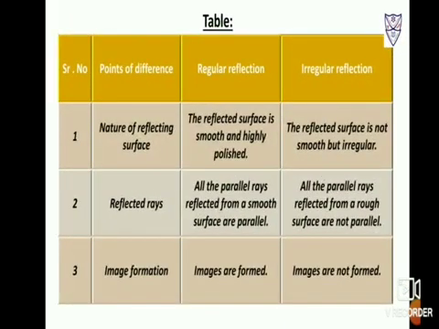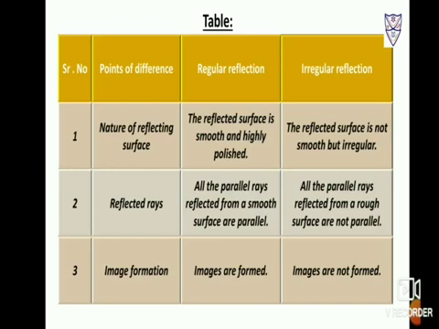Now students, let us understand this through this table. First is the nature of the reflecting surface. In regular reflection, the reflecting surface is smooth and highly polished, whereas in irregular reflection, the surface is not smooth but irregular, like cardboard. Now see the second point, reflected rays.